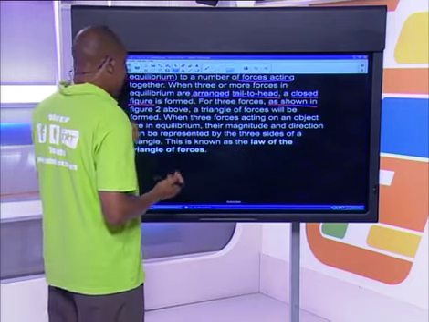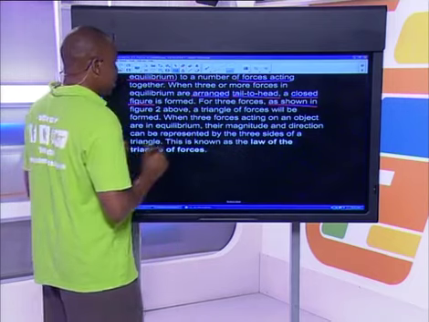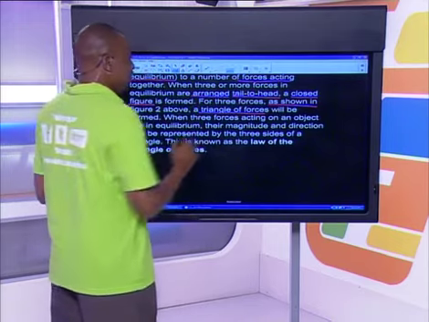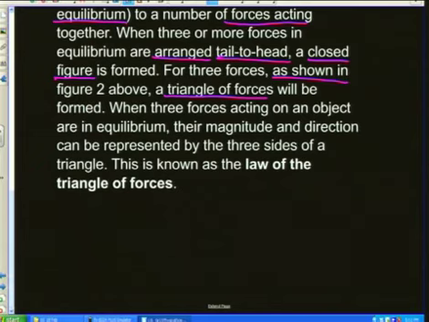And what do we call a three-sided figure? We call it a triangle. Okay? So a triangle will be formed. Right? Now, that triangle, in science, because we're talking forces, we give it a special name. We say it is a triangle of forces.